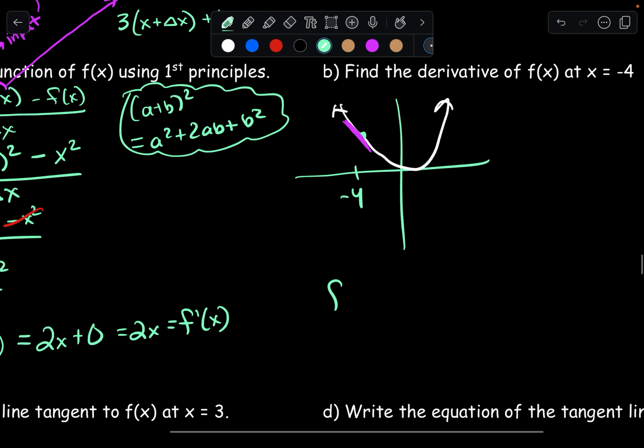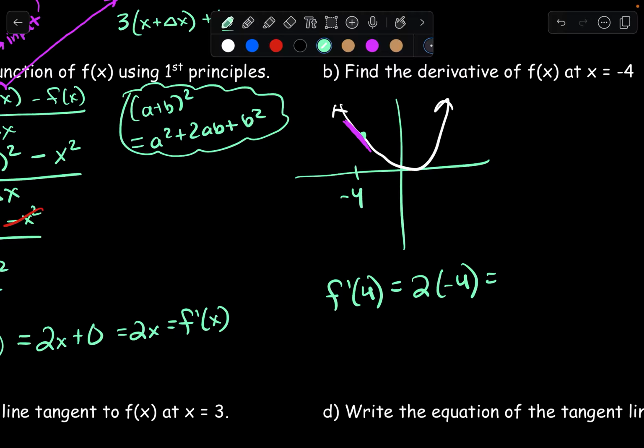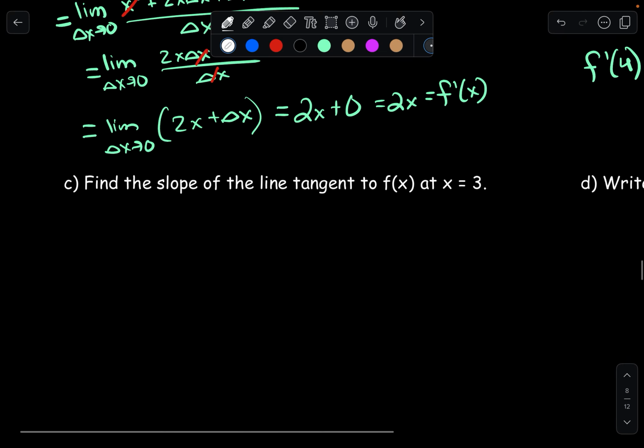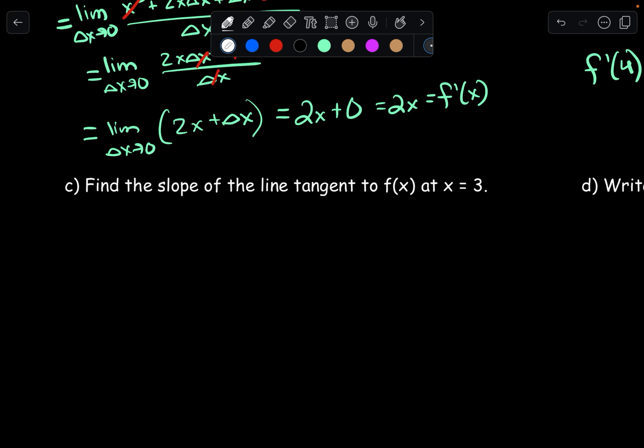So we're looking for f prime of -4, which is equal to, I'll plug in -4 into my first derivative, which is 2 times -4, which equals -8. So the slope of the tangent line at x equals -4 is -8. The next part, find the slope of the tangent line to f of x at 3.